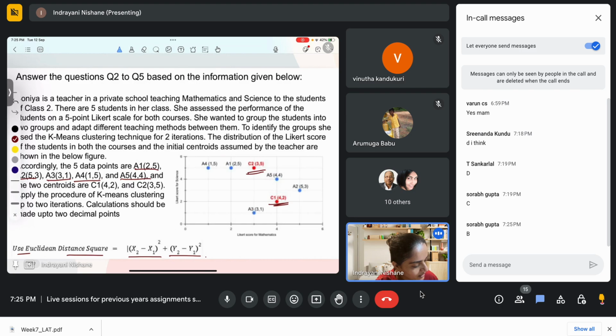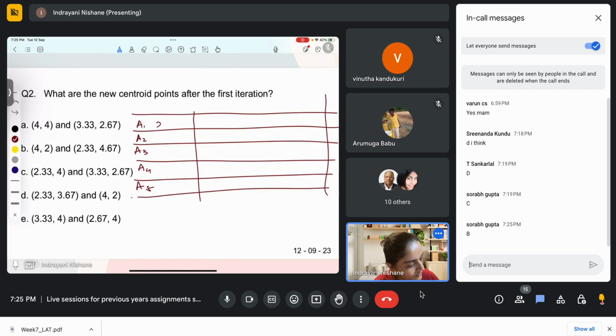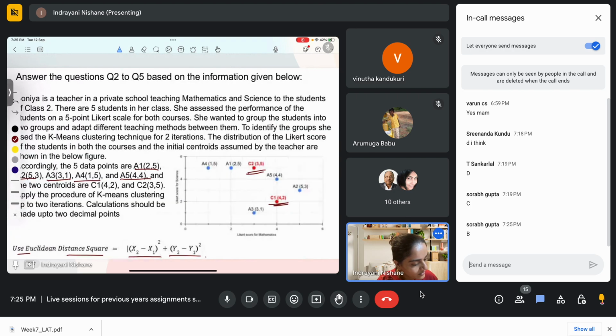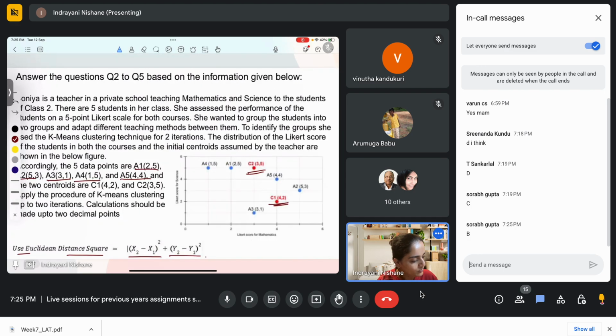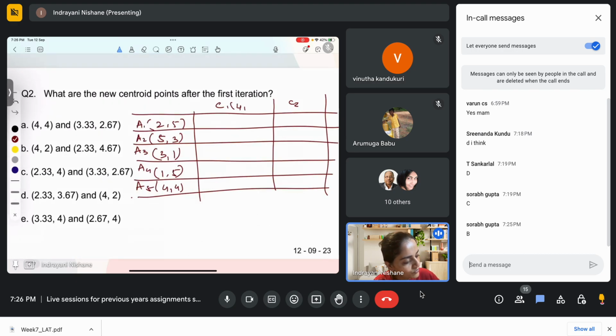Now we have to calculate the distance between both centroids, 4,2 and 3,5. So now we will calculate the distance between them.